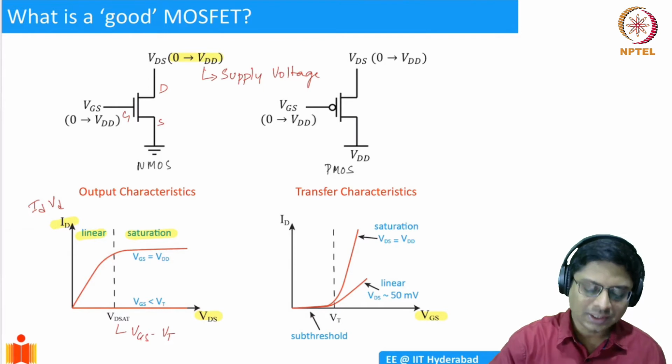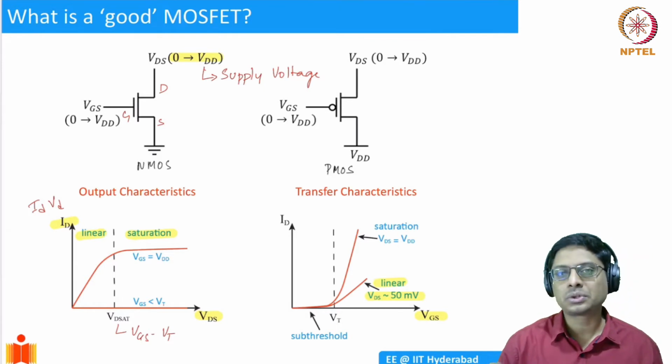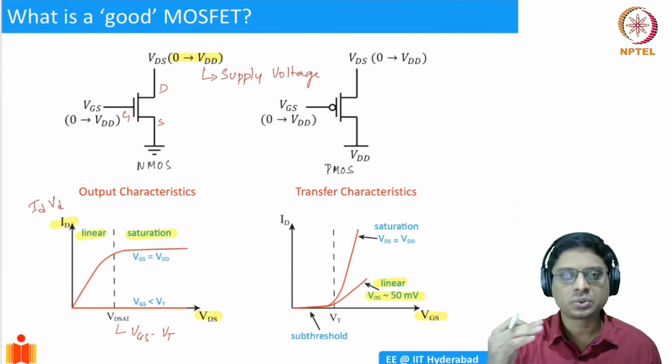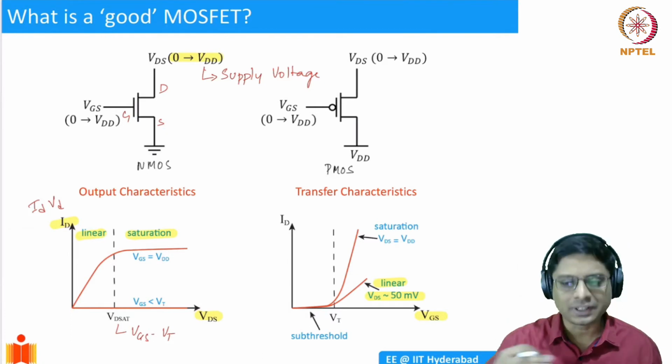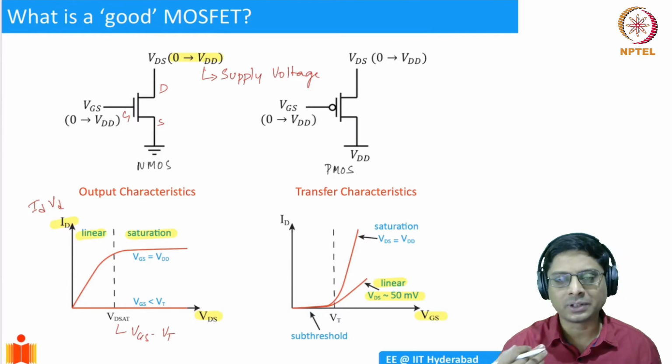So you get a linear transfer characteristic, which is shown at the bottom here. And then you could also choose the drain voltage to be at supply voltage, VDD. If we choose that, then definitely VDS is going to be greater than VDSAT, and that's why the MOSFET will be biased in saturation.